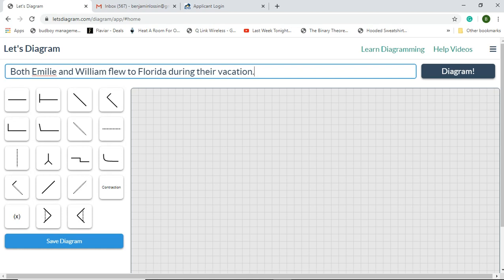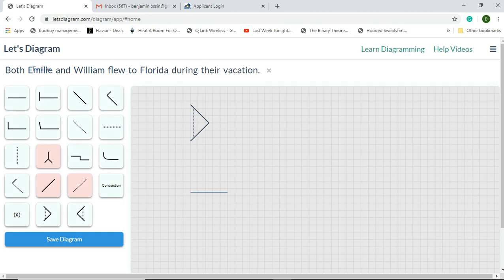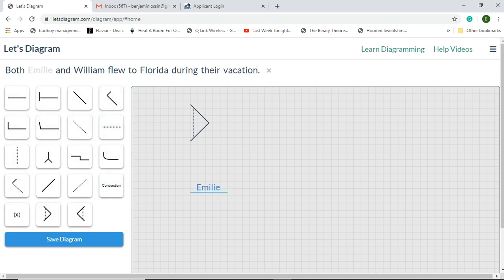Okay, so let's diagram this. We have compound subjects in the sentence. What are our two compound subjects? Our first compound subject, our subject of the sentence, is Emily.